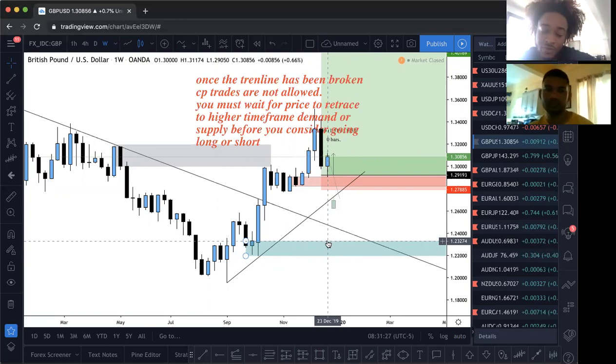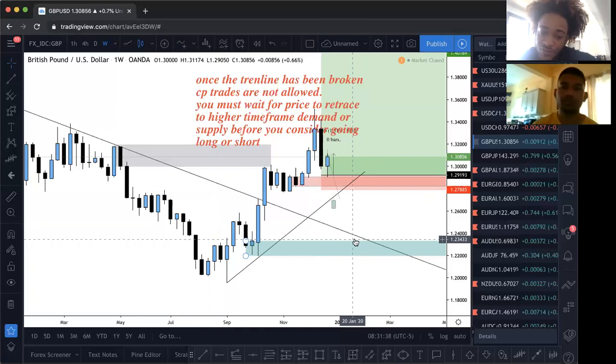But if it doesn't, and the week closes and it doesn't reach the zone, then you know that the weekly time frame is broken. And the same will apply. You're not allowed to go long on the weekly CP zones, right?